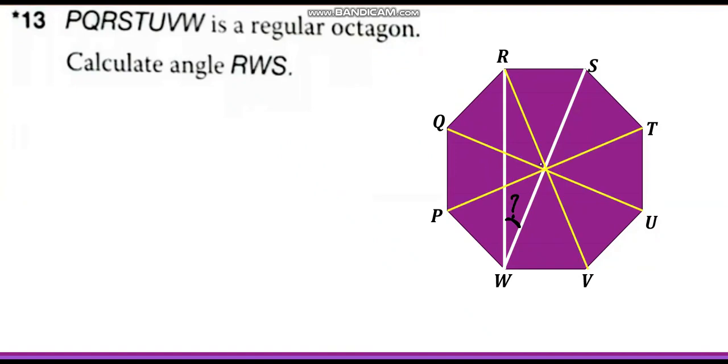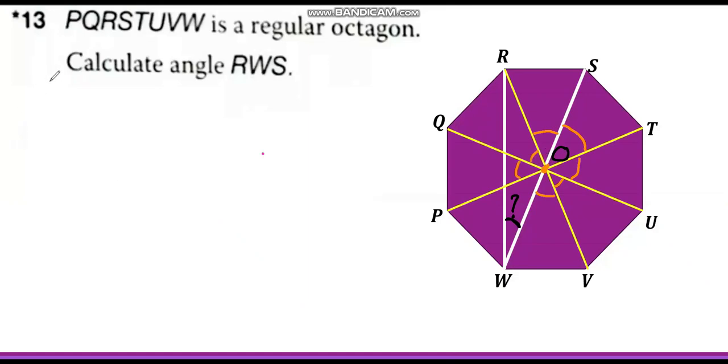So when we join the vertices over here, we can see the diagonals are meeting at this point, which can be considered as O. The diagonals divide the regular octagon into 8 isosceles triangles or congruent triangles. Meaning all angles which are actually being made over here at O in each triangle will be equal in size.